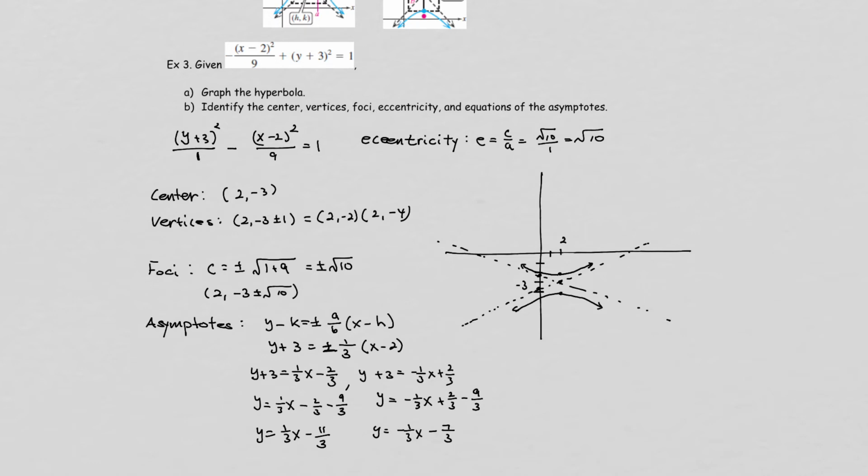You will have something like that with focus points. The one with (2, −3 + square root of 10) will be somewhere here. And (2, −3 − square root of 10) will be somewhere right here.